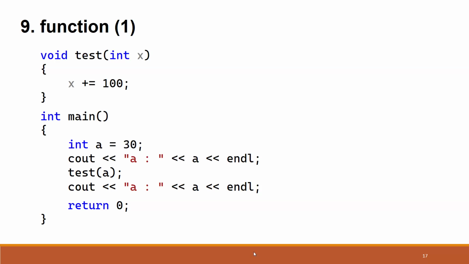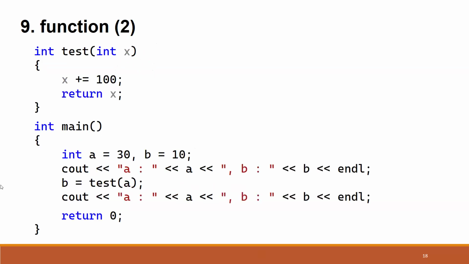So this is 30. So 30 will be printed out, right? And 30 will be passed to the test. So this will be 30, right? And this becomes 130. However, this is not A, this is X, right? So still, this is 30. Very nice. You understand the local variable.